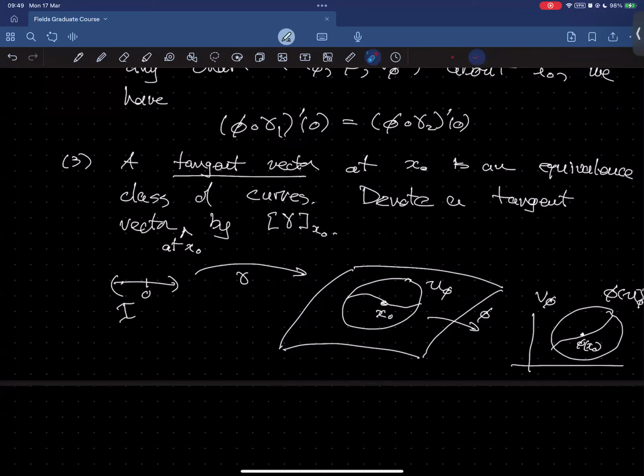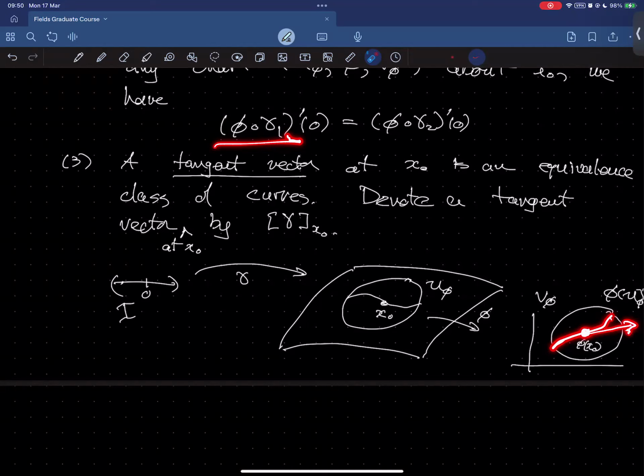Down in this picture here, this kind of makes sense because this curve here is the curve phi composed with gamma. I can take the derivative of that at t equals 0, and t may be complex. The idea is that you think of this as being the tangent vector to the curve at that point.